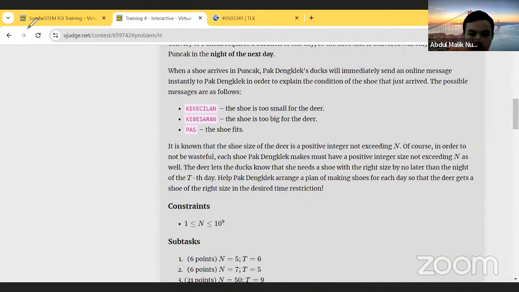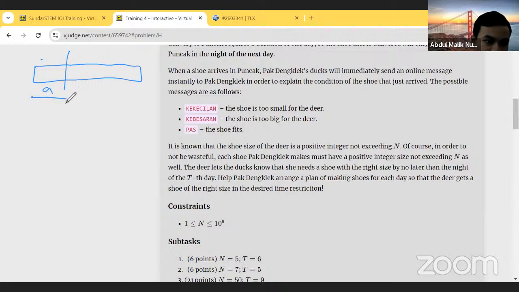The observation is like this. With our intuition, if we move it to the right, let's say there is a constant A. This ratio is A. Let's say this is A and this is 1, or 100%.